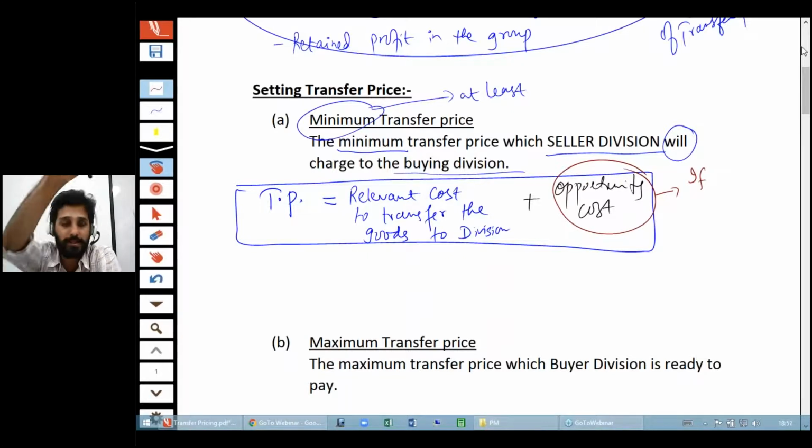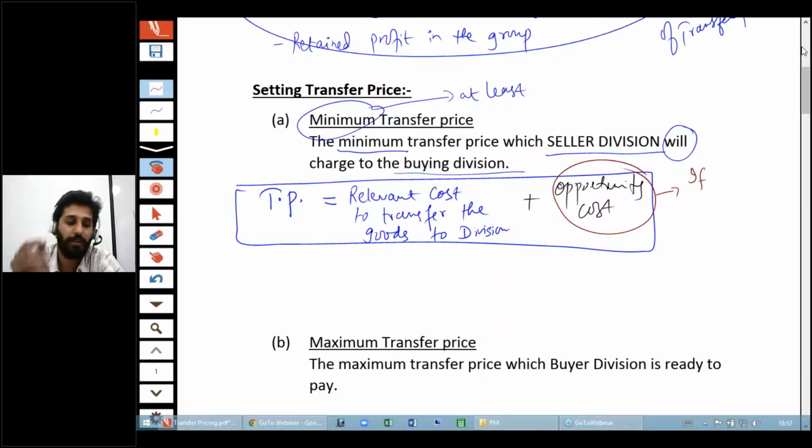You will lose your external sales. What are your external sales? If you are losing the sale from the external customer, because you are also managing and handling external customers, then obviously there would be a lost contribution.